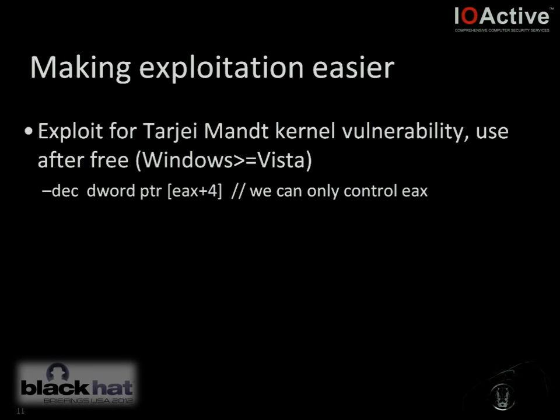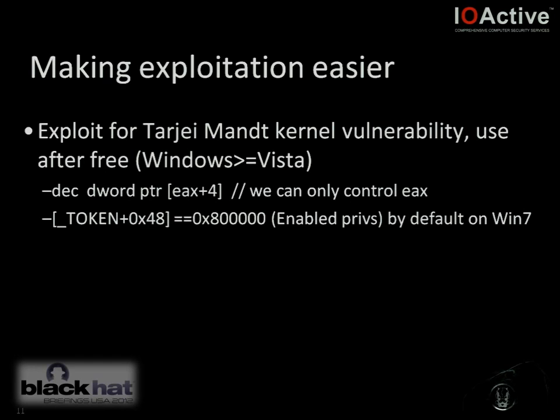You can only control the EAX value, so it only allows you to decrement a position in memory. To exploit this, you had to do a lot of reverse engineering in different Windows versions, trying to find some stable value in kernel memory that you can decrement in order to elevate privileges, etc. It's not simple. It can be done, but it takes a lot of time and work.